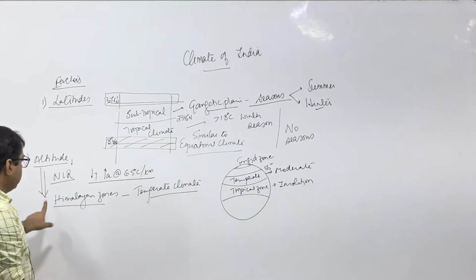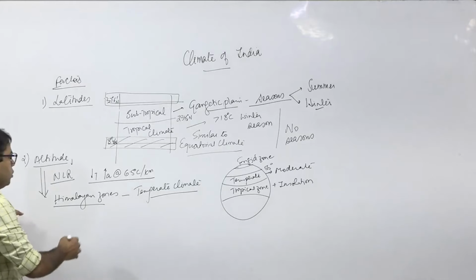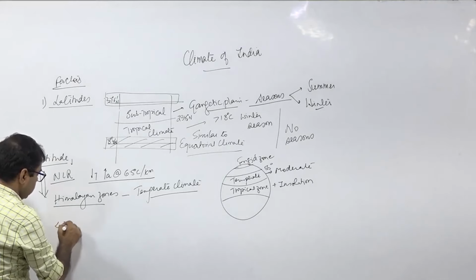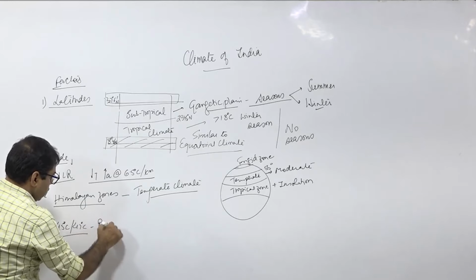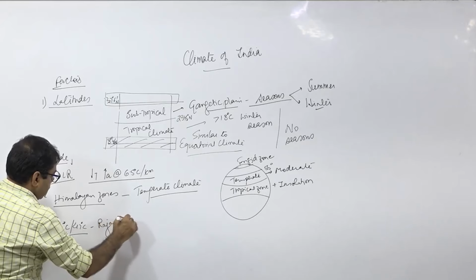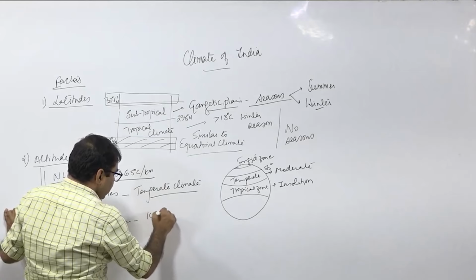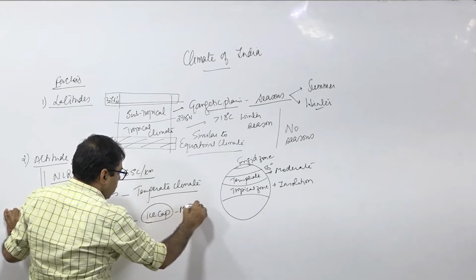So their temperature or the altitude starts affecting. So even though there is a 45 degree Celsius temperature or 47 degree Celsius temperature in Rajasthan, the temperature will be low, equal to ice caps or freezing condition on the mountains in Himalayas.